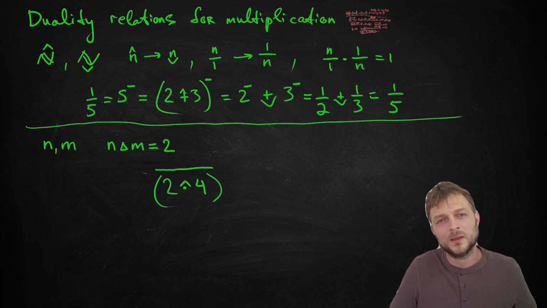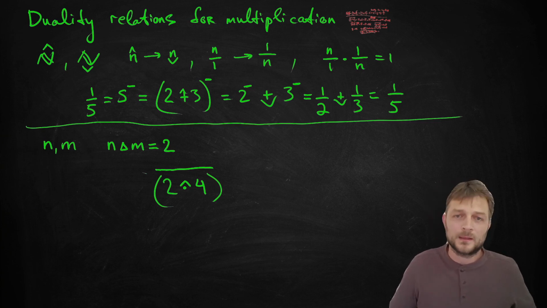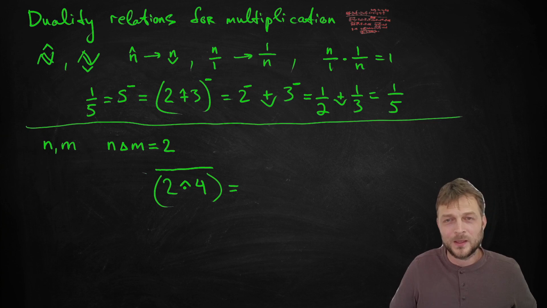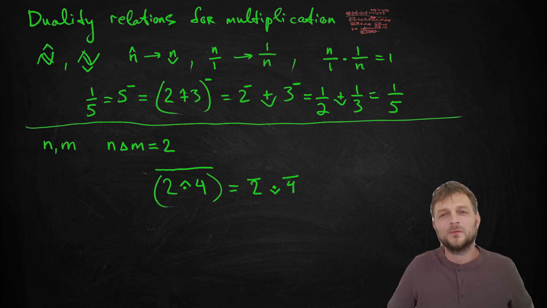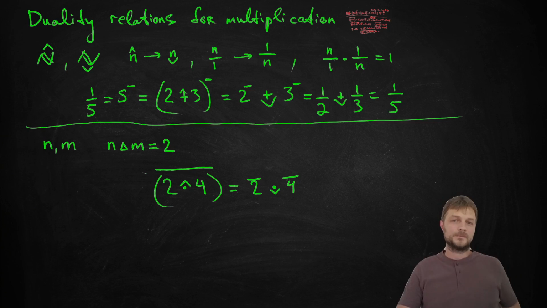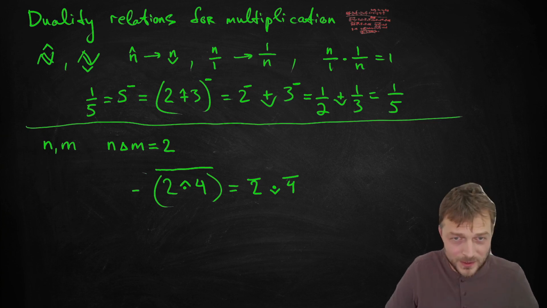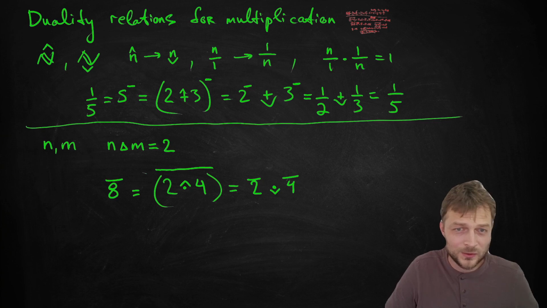This is dual in the sense of triangle. Same way we can bring this duality inside parentheses and say that we want dual 2, dual multiply dual 4. From the other side, this is equal to dual of 8.